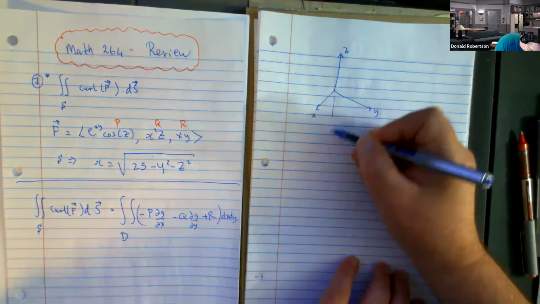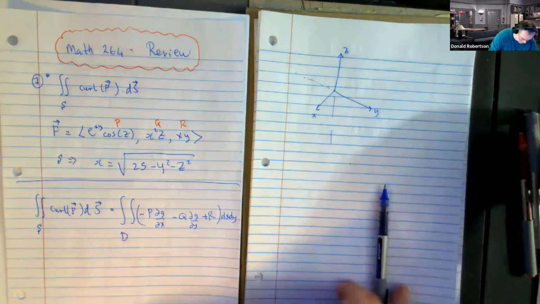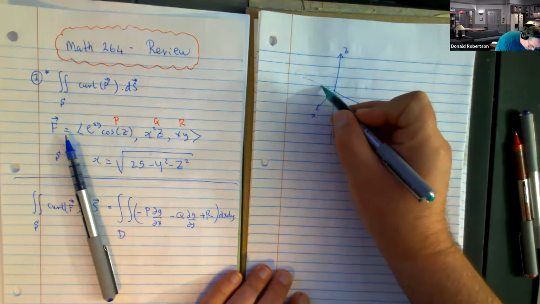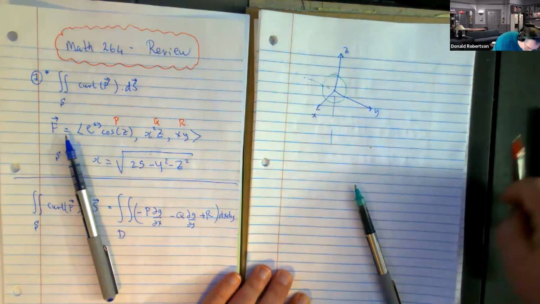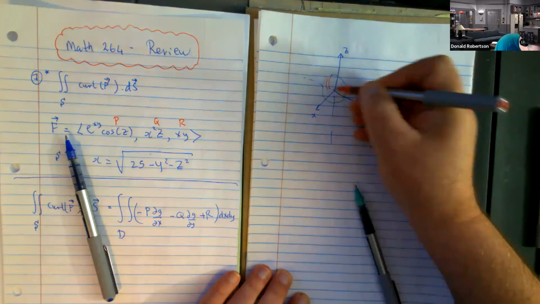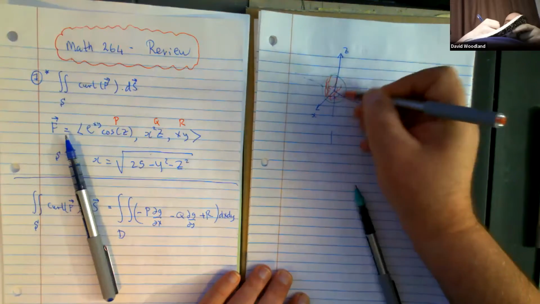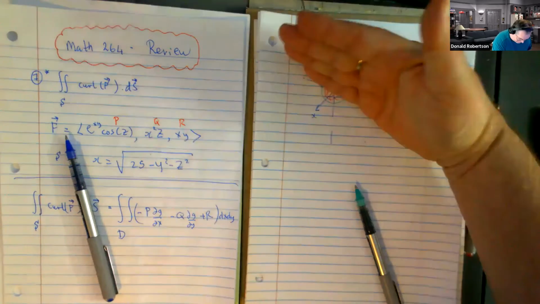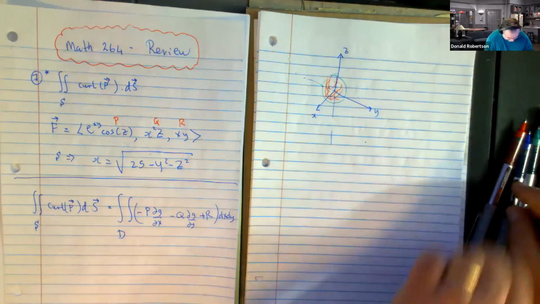So the orientation of this shape is basically you have on the zy plane, we've got this guy, and then the hemisphere is coming outwards like that. So it's this way, right? Positive x, half a sphere, which is fine.